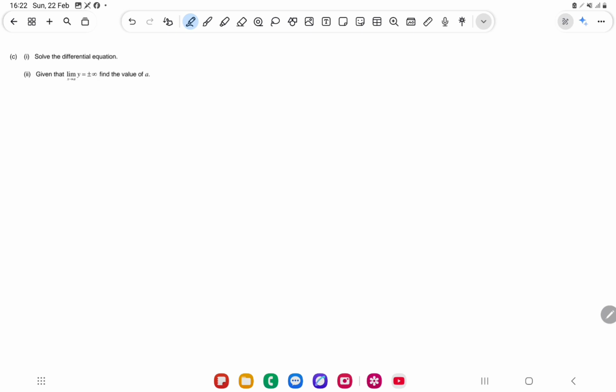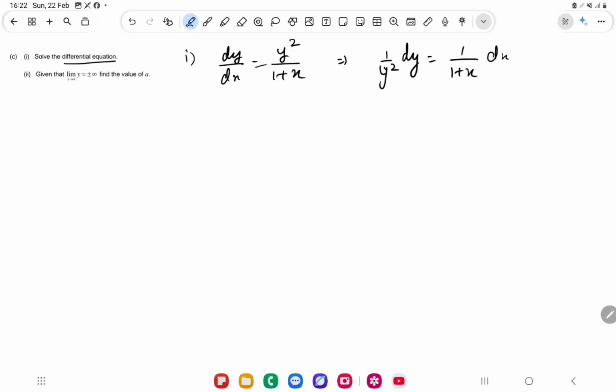Now in this part we have to solve the differential equation. So the differential equation given to me was dy by dx is equal to y square upon 1 plus x. I have to separate the variables, so I can write 1 upon y square dy as 1 upon 1 plus x dx. My apologies, it was y square, not y.